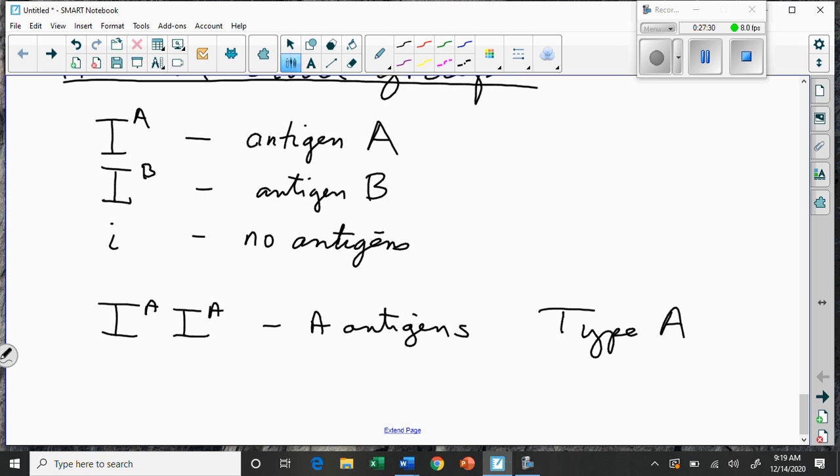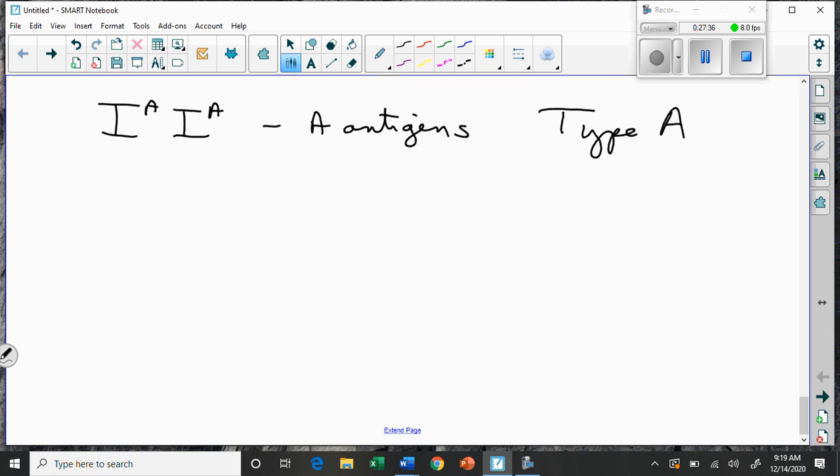But if you were to get one of the A and one of the B, that's a codominant situation. Actually, why don't we do both B's first? Let's do both B's first.